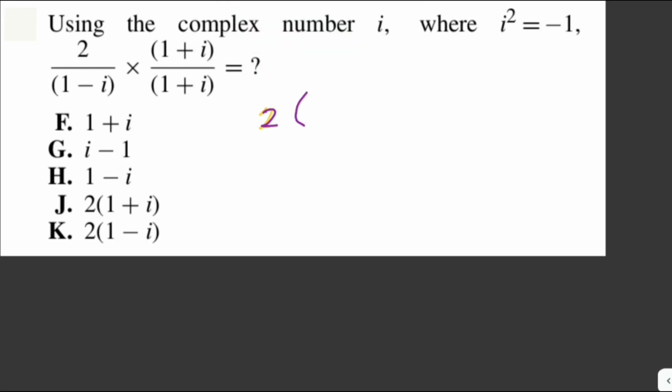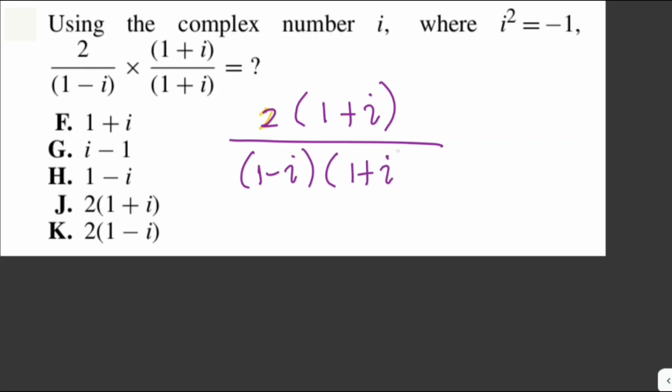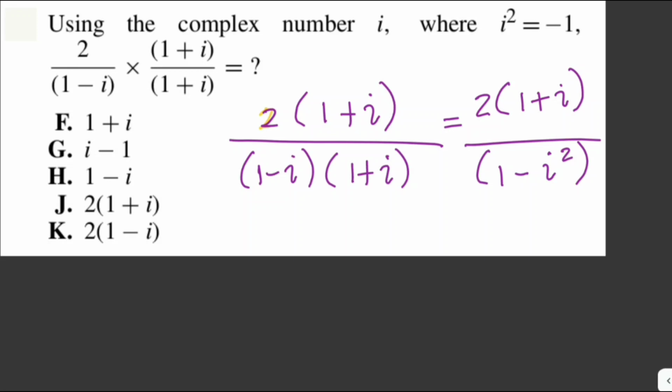So that is 2 times (1 plus i) over (1 minus i) times (1 plus i). And this is just equal to 2 times (1 plus i), and (1 minus i) times (1 plus i) is just equal to 1 minus i squared.